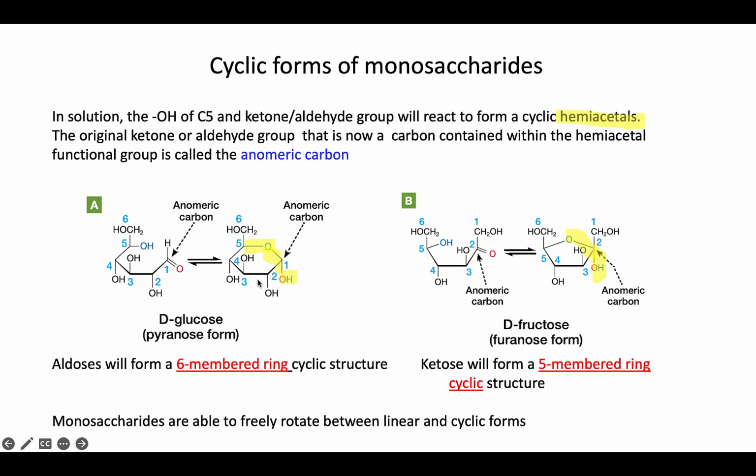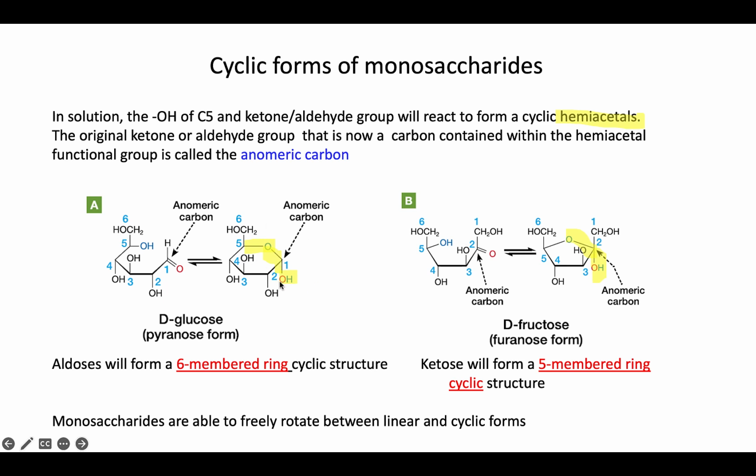And so after it cyclizes, it forms a hemiacetal structure in which we have this carbon, oxygen, carbon, hydroxyl group structure. So this is a hemiacetal.